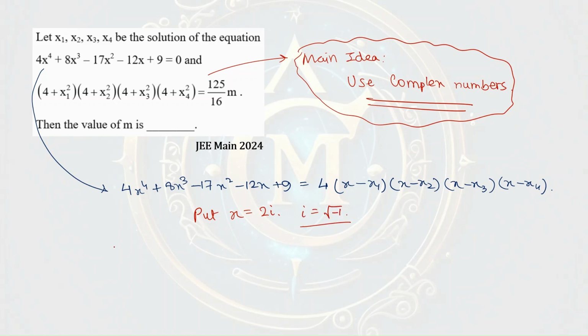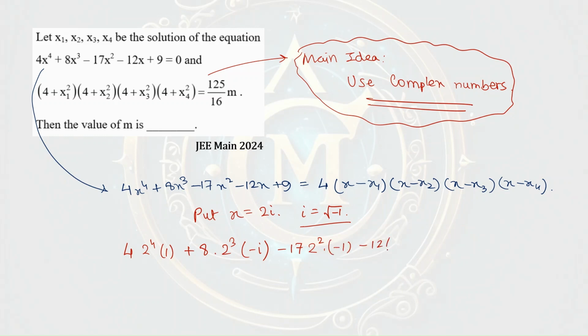If we put x equal to 2 iota on both sides, this becomes 4 into 2 to the power 4 times iota to the power 4, which is 1, plus 8 times 2 cube, and then iota cube is minus iota, then minus 17 times 2 square times iota square, that means 2 square, and iota square is minus 1.